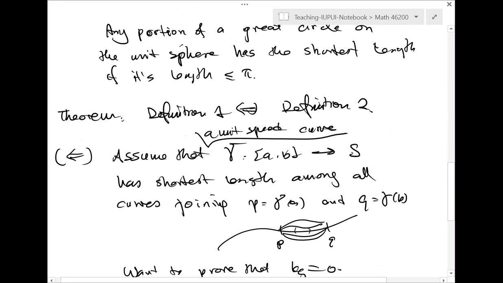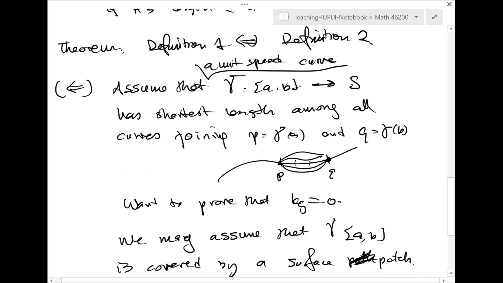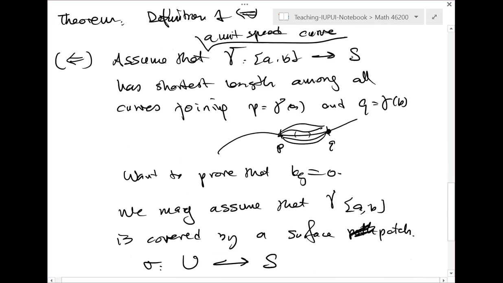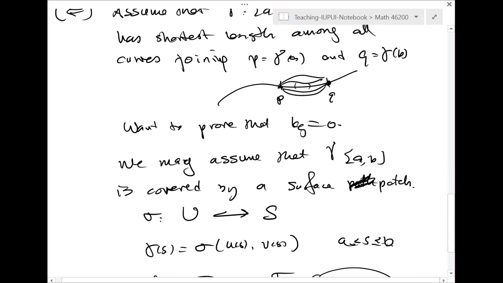So I take a small piece, small enough that it is covered by a surface patch, and it has the shortest length among all the curves joining its two endpoints. I want to show that the geodesic curvature is going to be 0.